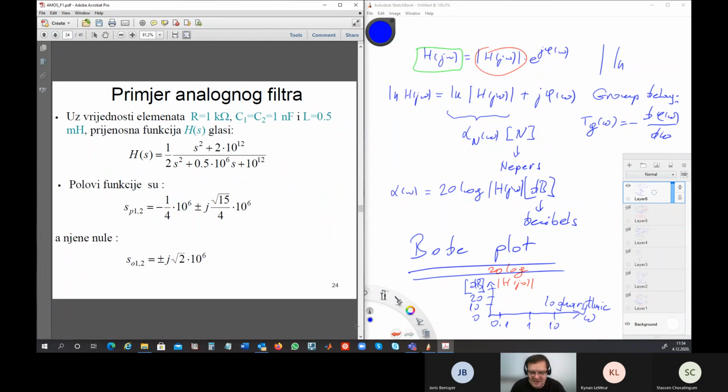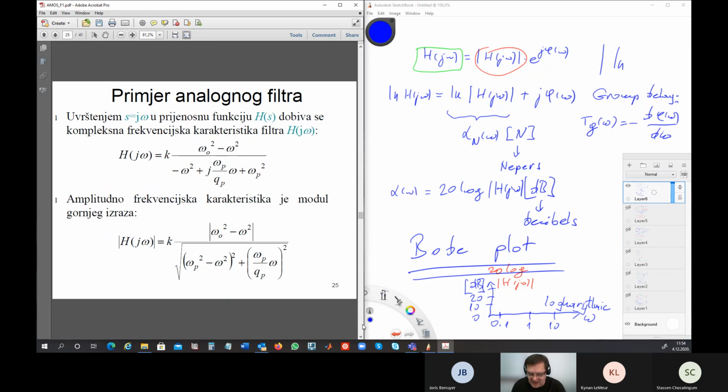Now, here is the transfer function, and if you put the values inside, then you will have this transfer function. Here are the poles and zeros, and they are denormalized. They have this 10 to the power of 12, 10 to the power of 6, and so on.